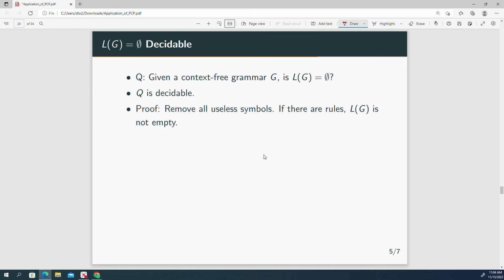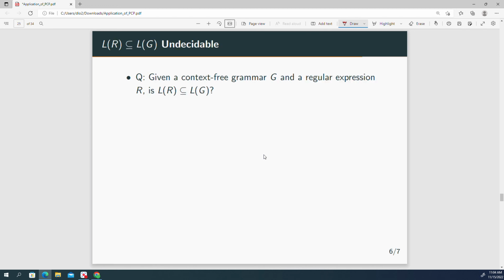If there are rules, then LG is not empty, and so this can be computed by removing all the useless symbols. So LG equals empty is decidable.